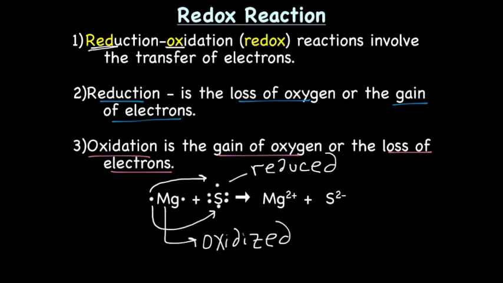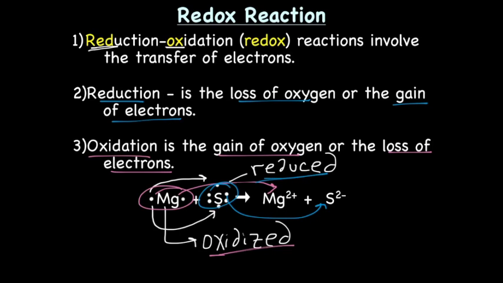Magnesium from the reactant side to the product side has been oxidized, while sulfur from the reactant side to the product side has just been reduced. Okay?